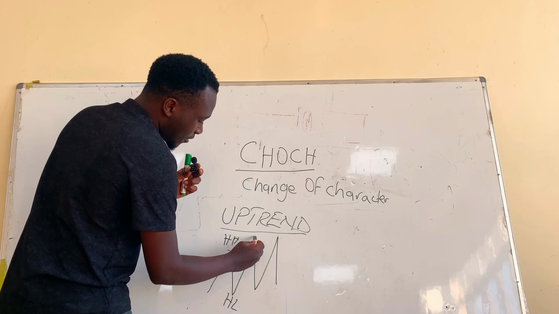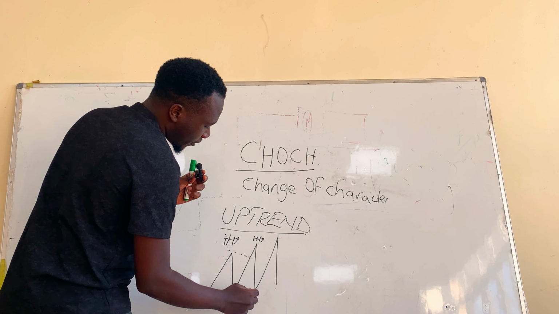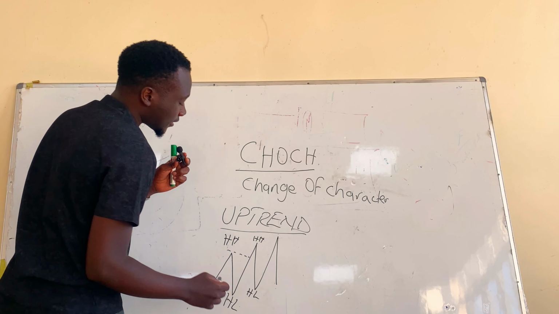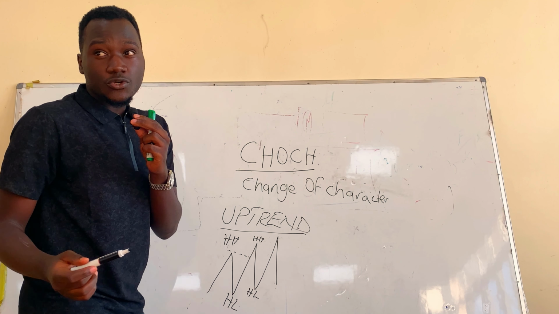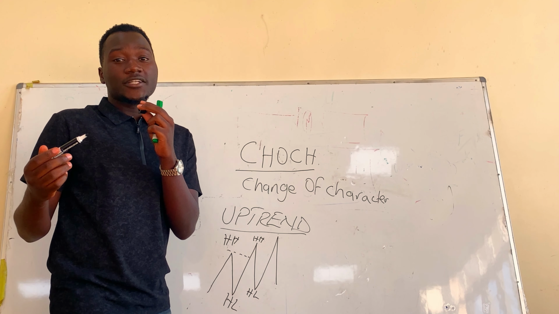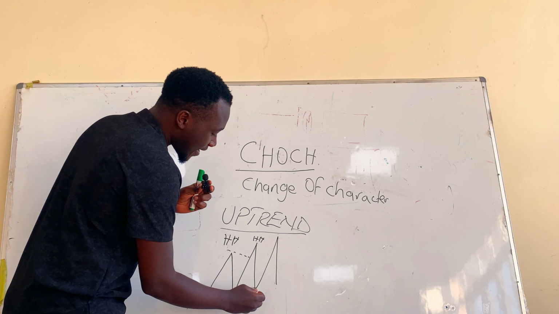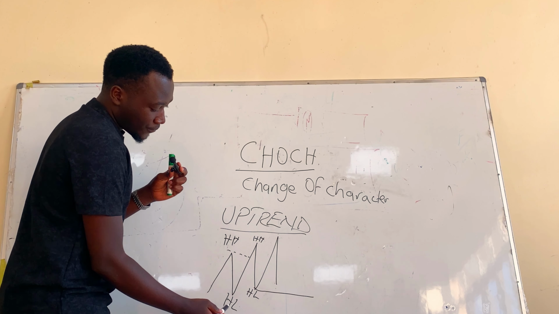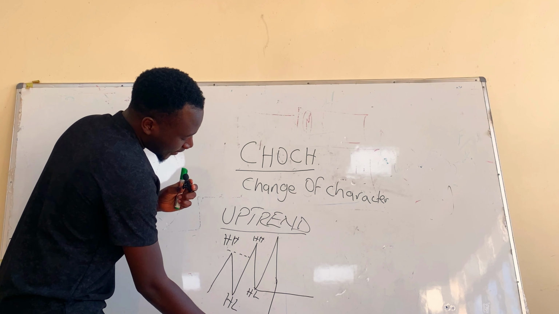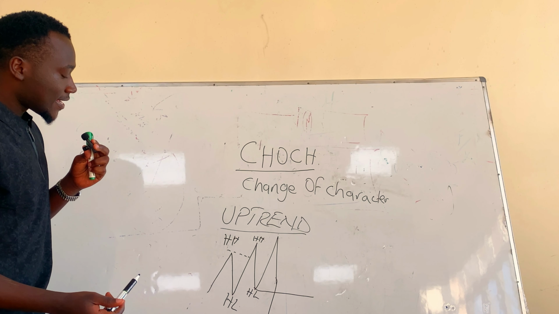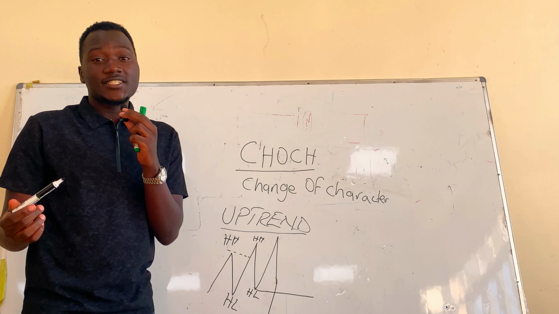But as we said, price is not going to always push up forever. It is going to reach a point and start reversing. So when we talk about an uptrend market reversal, what is happening is that the previous higher low, if price breaks through it like this, that is a clear sign that this market is likely to change direction.